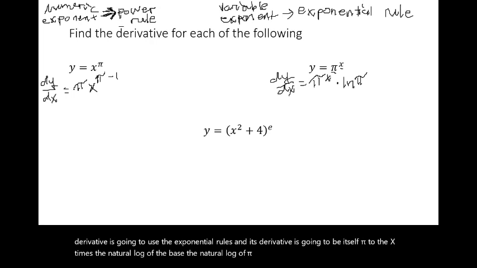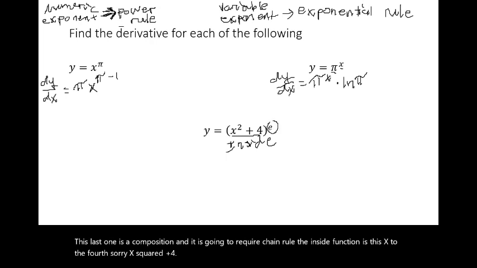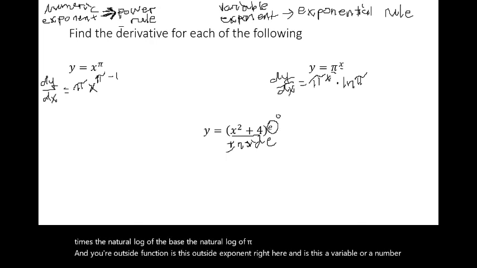This last one is a composition, and it is going to require chain rule. The inside function is this x squared plus 4. And your outside function is this outside exponent right here. And is this a variable or a number? E is a number. So your outside function is a numeric exponent. So the derivative of the outside will require power rule.